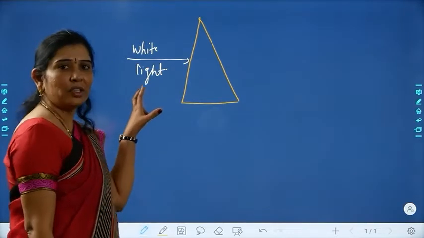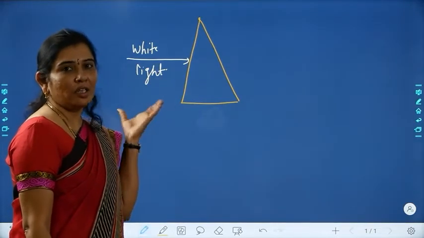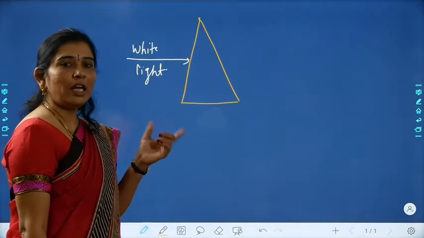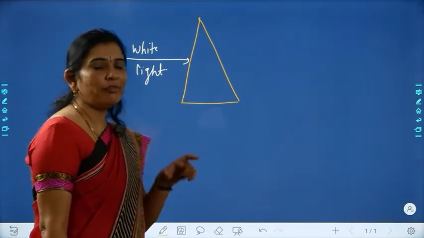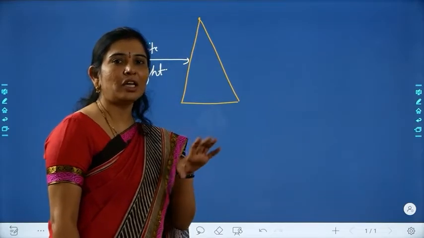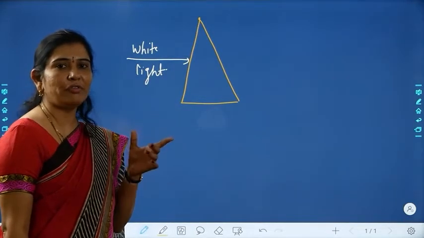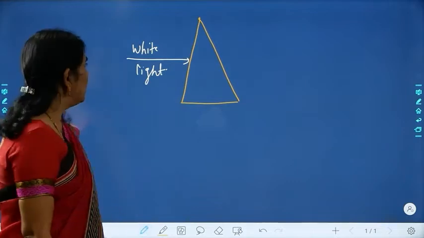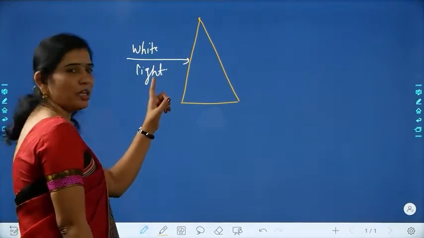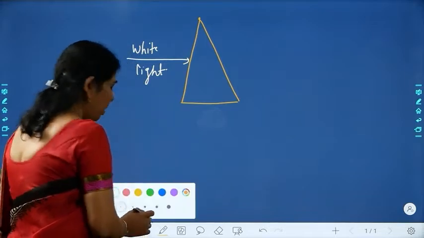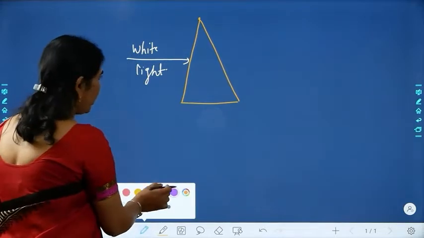In the white light, there are different colors, I mean 7 colors. The color which has the shortest wavelength will bend to the larger extent, and the color which has the largest wavelength will bend to the least extent. You know that one. So here, when a white light is passed through the prism, splitting of white light takes place, you know very well.